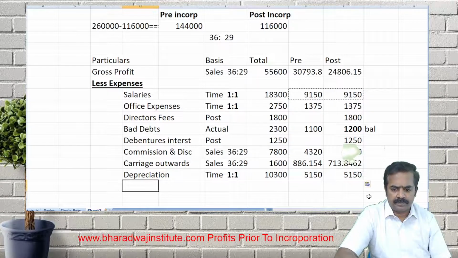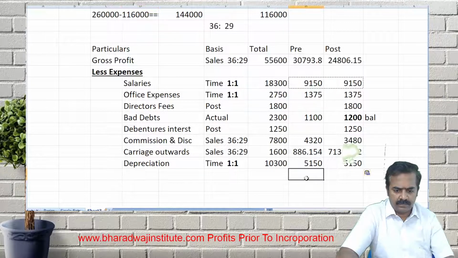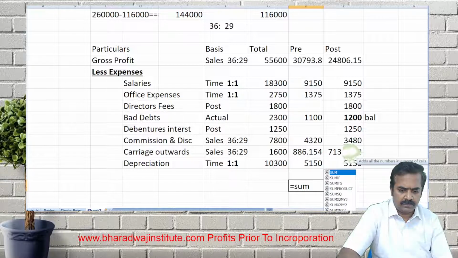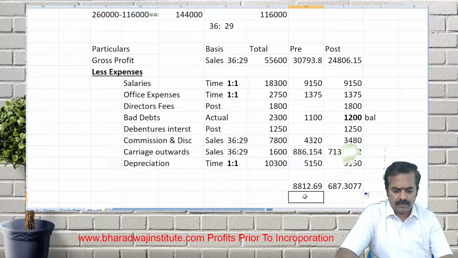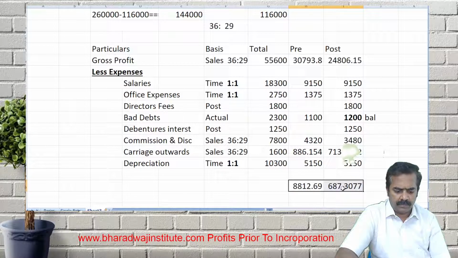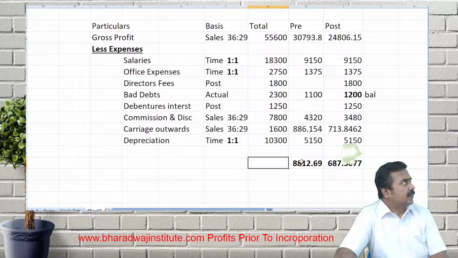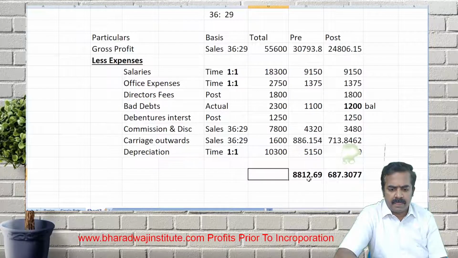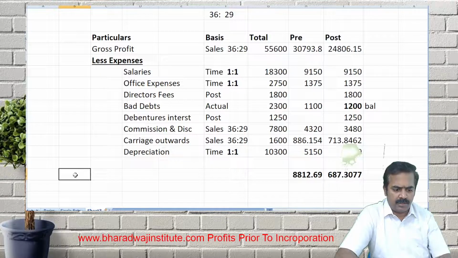Then which expense? In this, how much is to be paid to vendors? 80% of the profit should be paid to the vendors. Pre-incorporation profit paid to vendors.